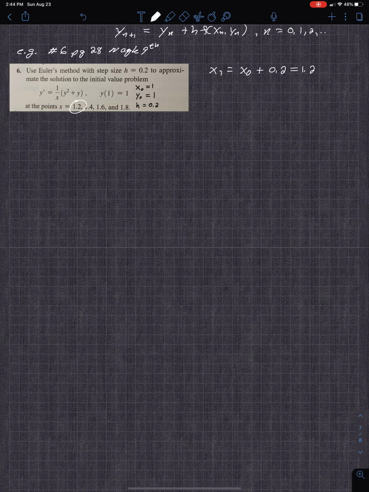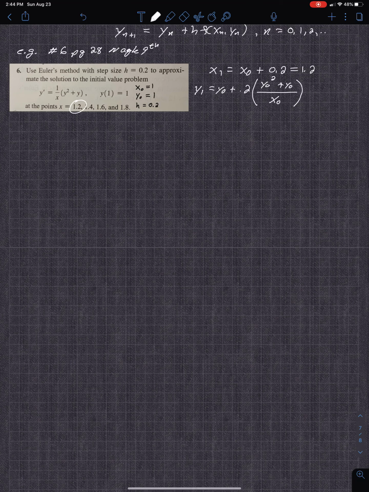That's given, so I don't have to continue with that. But then y1 is equal to y naught plus 0.2 times, and this is where you would have to evaluate, y naught squared plus y naught over x naught.